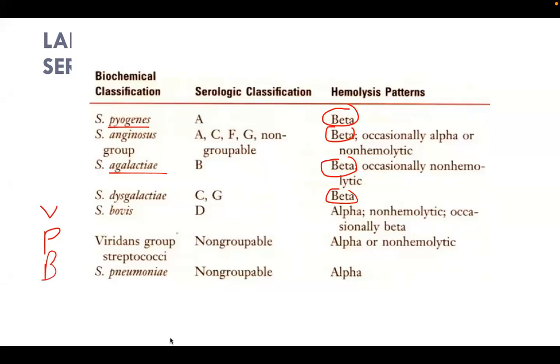Question: which streptococci is associated with colon carcinoma? Okay, very good. Streptococcus bovis is associated with colon carcinoma.